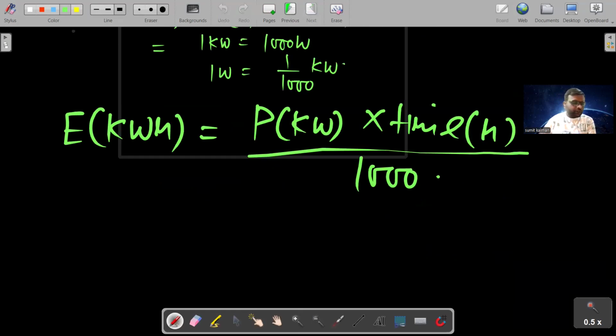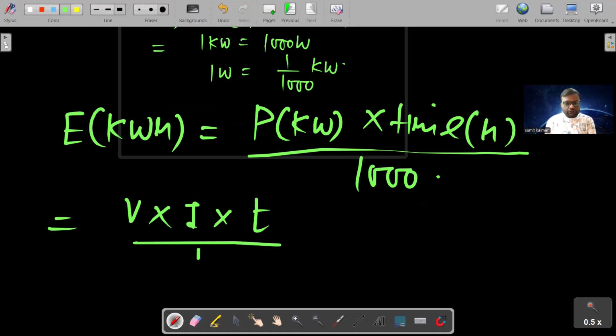First, we'll write the formula: voltage into current into time upon 1000, and it is in kilowatt hour.